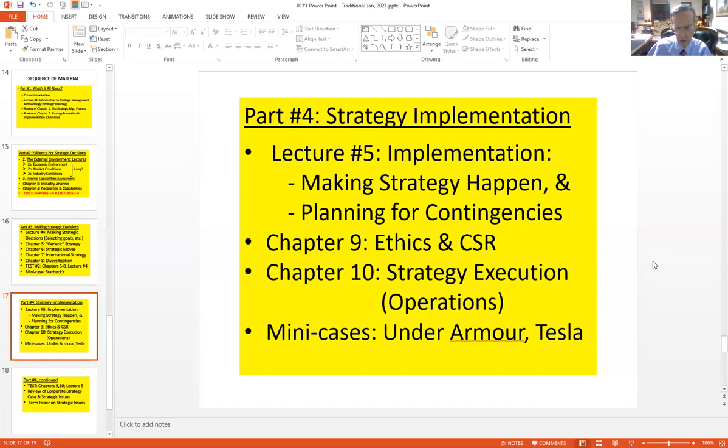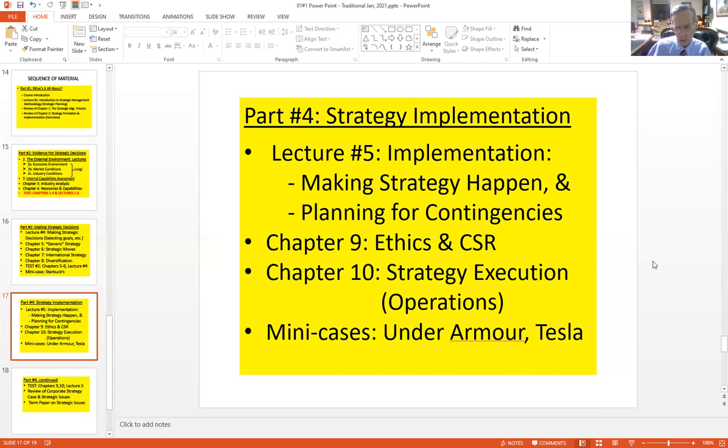But in the overall scheme of things, the chapter on ethics and customer service relationships is not methodologically critical. Chapter 10 has some good ideas about executing strategy. But again, as I mentioned earlier, it just scratches the surface.